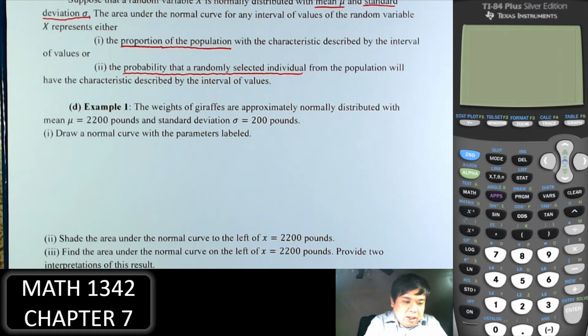The weight of giraffes is approximately normally distributed with a mean of 2200 pounds and a standard deviation of 200 pounds. I'll draw the normal curve with the parameters labeled.